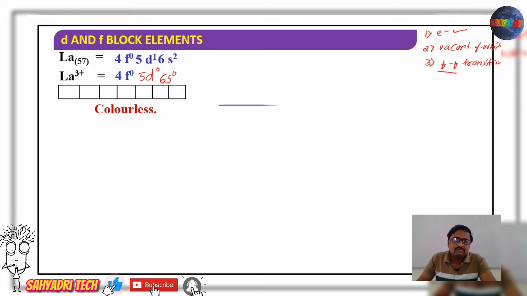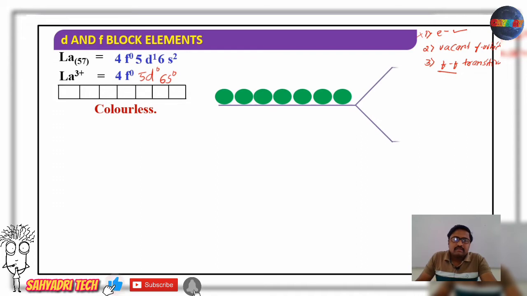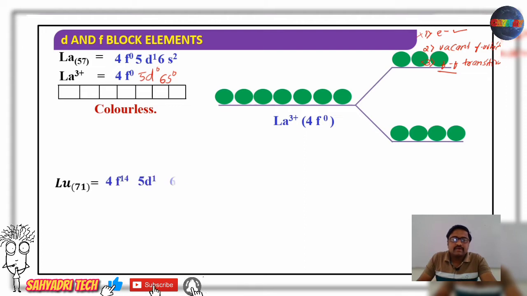All orbitals are vacant, but there is no case of f-f transitions. Though the orbitals split into 2 energy levels E1 and E2, due to lack of electrons there is no f-f transition. Therefore lanthanum 3+ compounds are colorless.